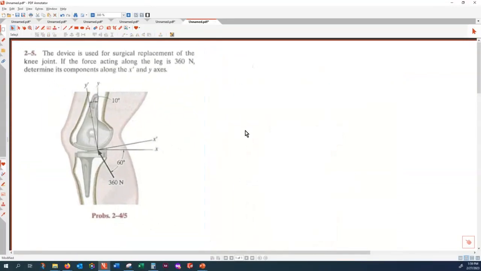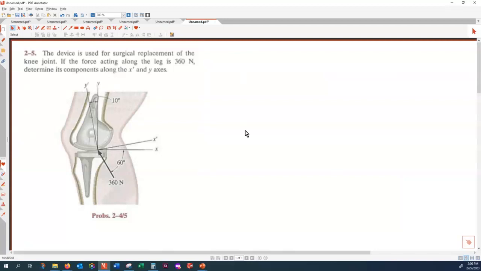Okay, so what is this question about? This is a knee structure. And the force acting is 360 newtons. And you want to find out its component along x prime and y axis.